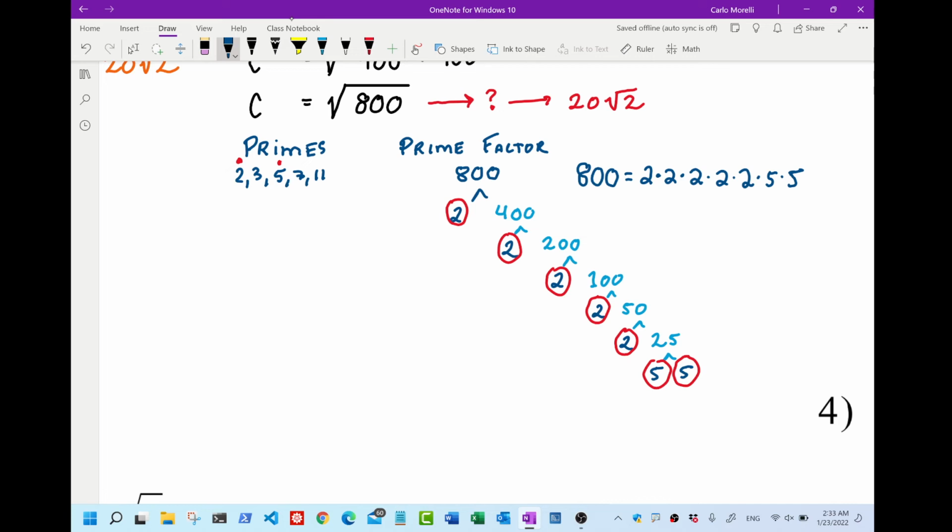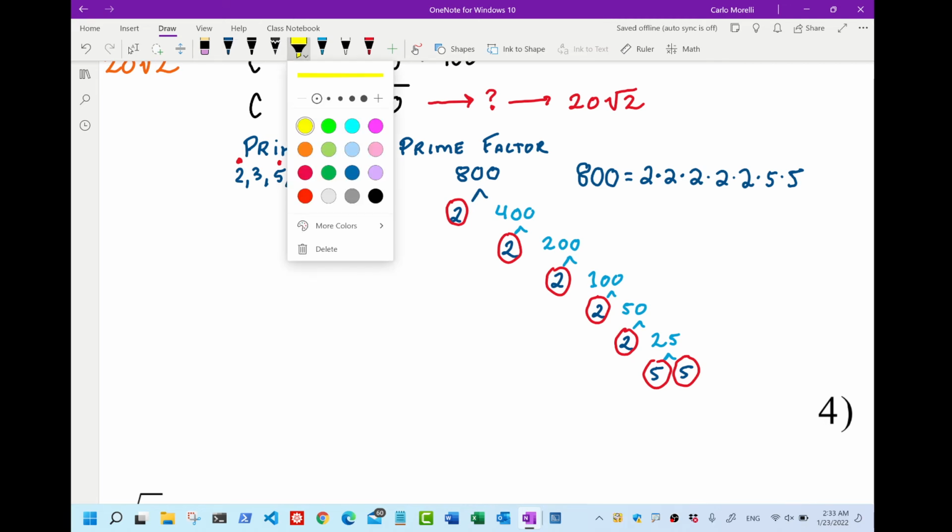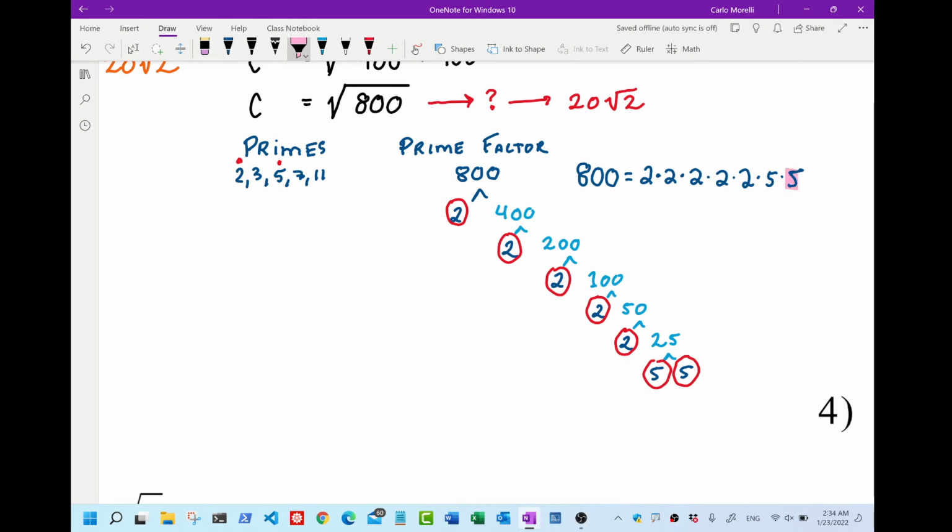So now that you know that, you can take what you just drew, these, and you can replace the 800 with those prime factors underneath the radical symbol.